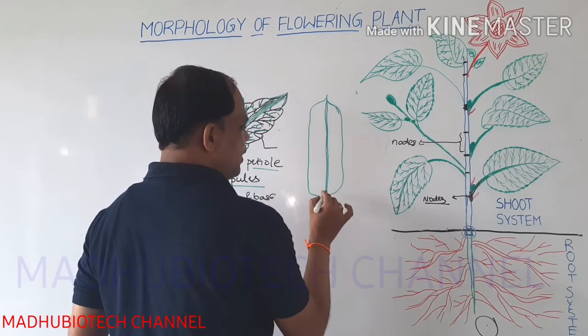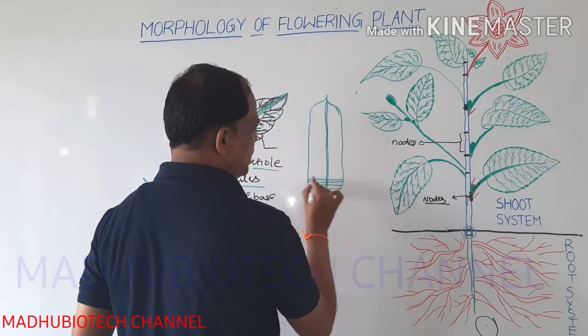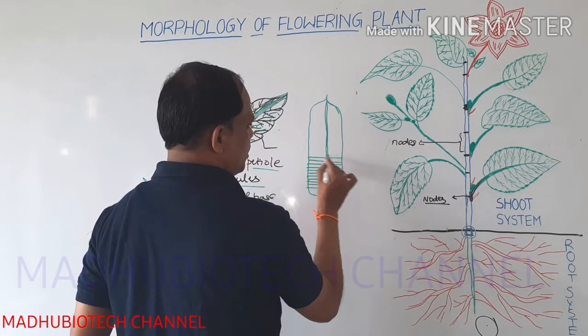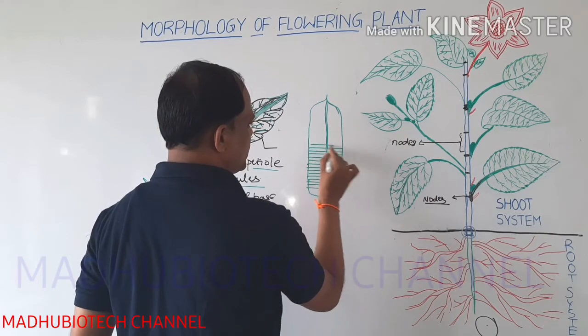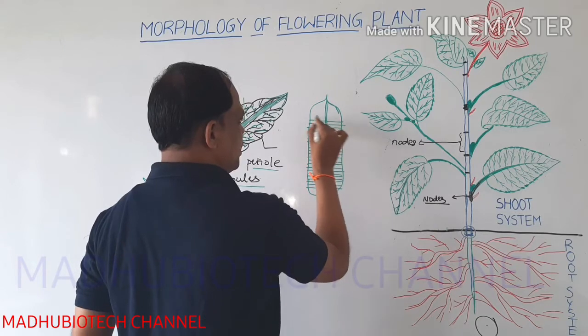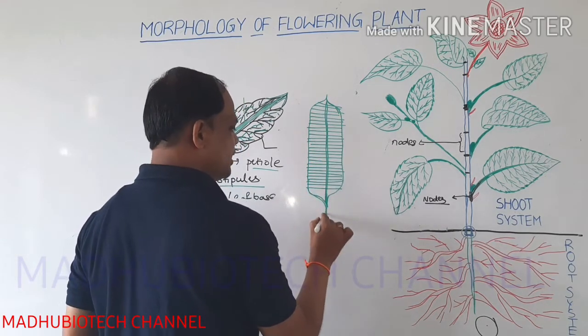Here the veins are arranged parallel to each other in one direction. The veins and veinlets are arranged in one parallel direction. This type of venation is called parallel venation.